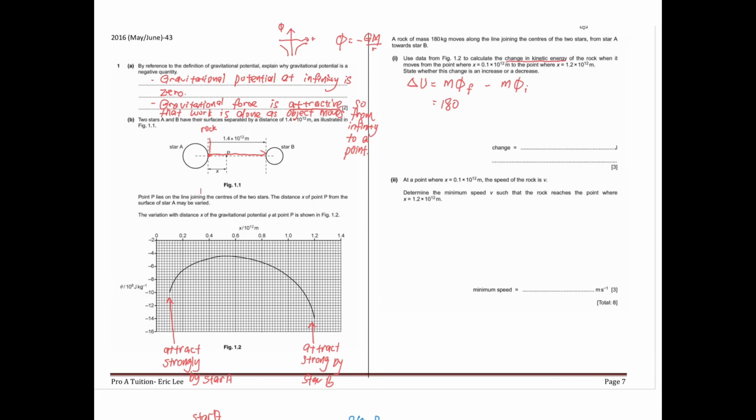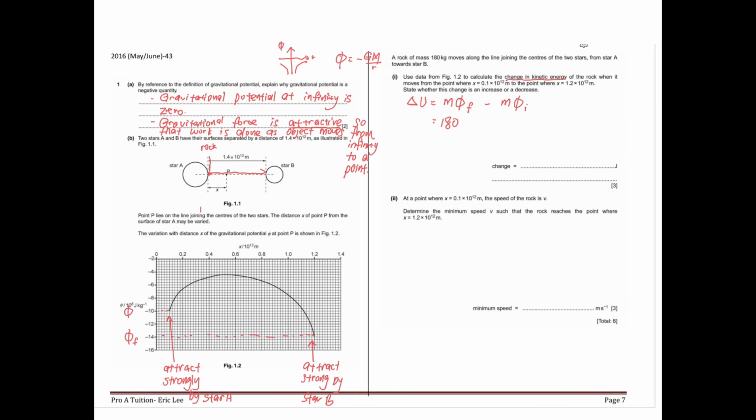The phi final is here, you can see the red pointer, figure 1.2. Here, this is the final, this is the initial. So initially it is -10, and finally it is -14. So this is the phi final, whereas this is the phi initial.